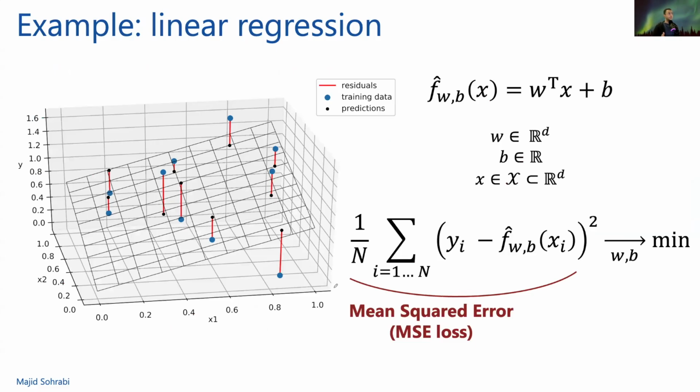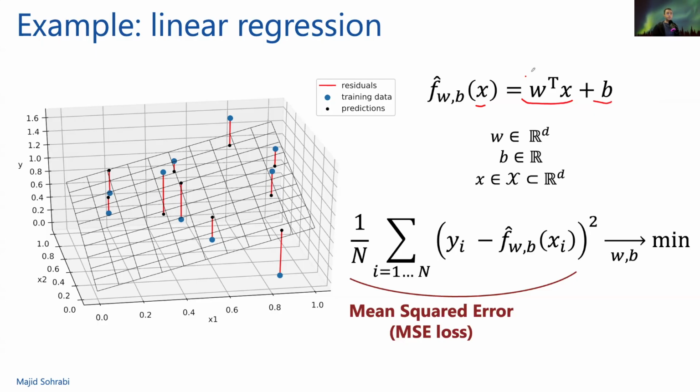As the last model I want to present here is linear regression. It's also simple and intuitive and really understandable. This model says the target is supposed to be the linear combination of the input features. So f hat of w and b of x, this is the object of interest for prediction, it would be w transpose x plus b. b here is a bias term, or sometimes we call it the intercept.